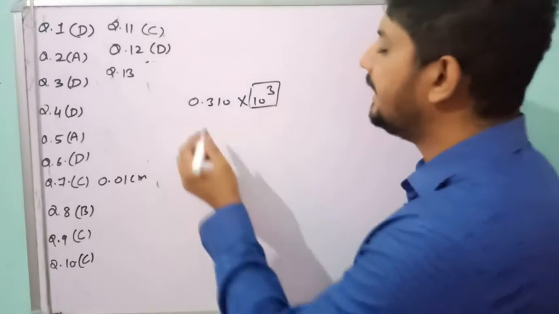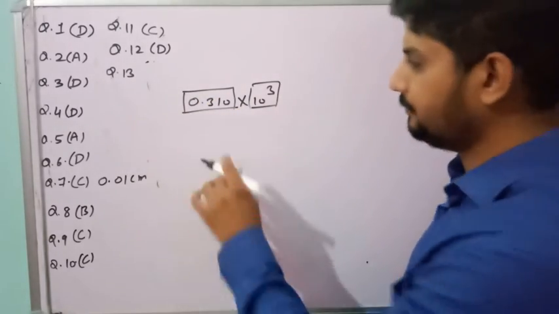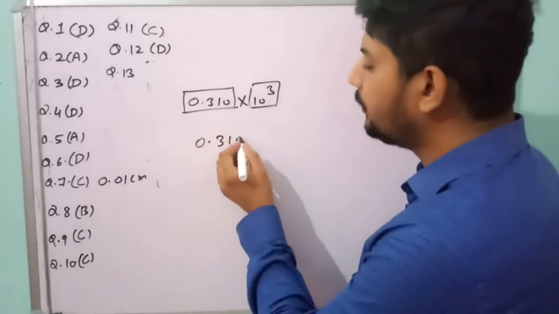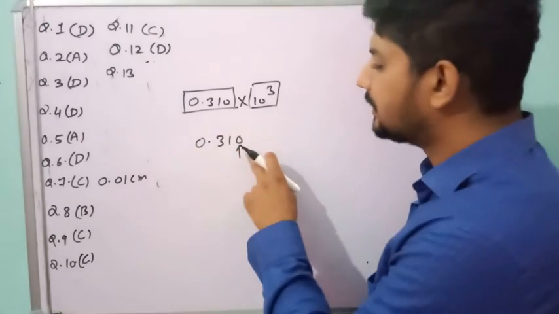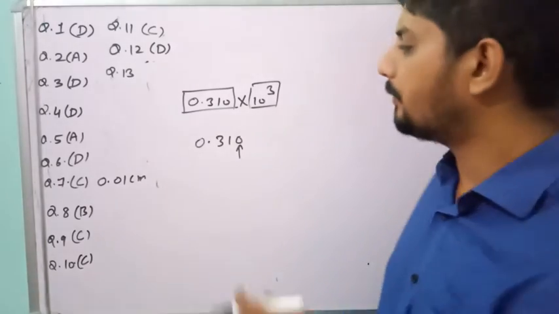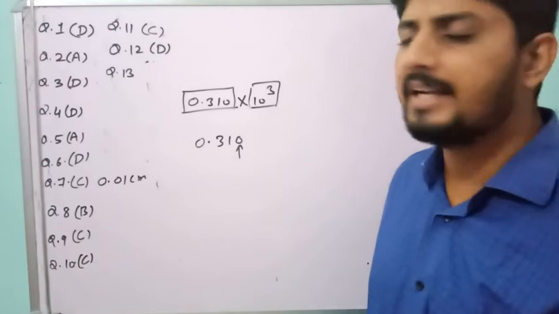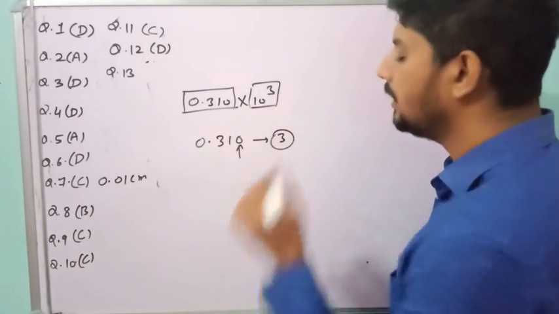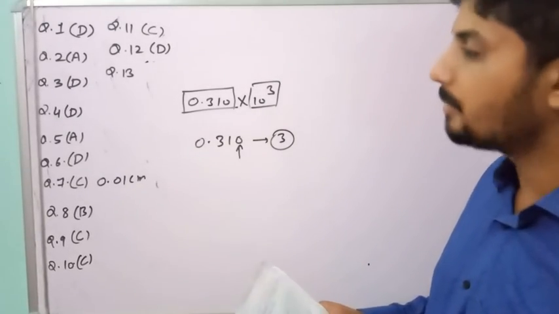So you have to just identify how many significant figures are there in this number. Here this number is 0.310. So you have to check whether this is a trailing zero. For a trailing zero you have to see whether the number is decimal or non-decimal. Of course the number is decimal, so this zero is considered as significant. So number of significant figures here will be 1, 2, 3. So 3 is the number of significant figures. So option B is correct.